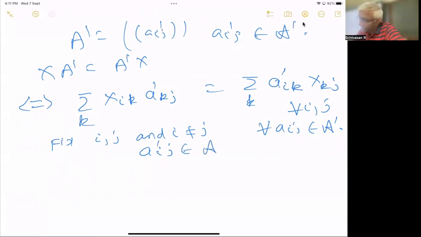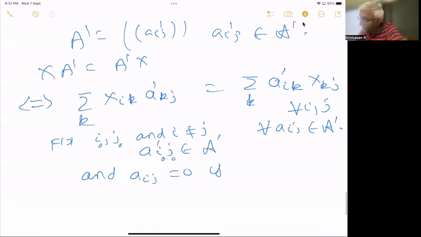Maybe I put i_0, j_0 here, and a_{i_0 j_0}. The pair i_0, j_0 is fixed, but the element can vary. And a_ij equals 0 if ij is not equal to i_0 j_0. I'm just taking that one entry; for the other entries, it is 0.